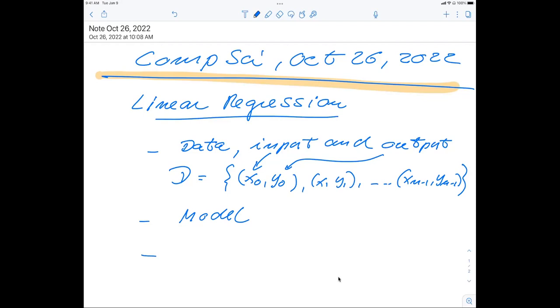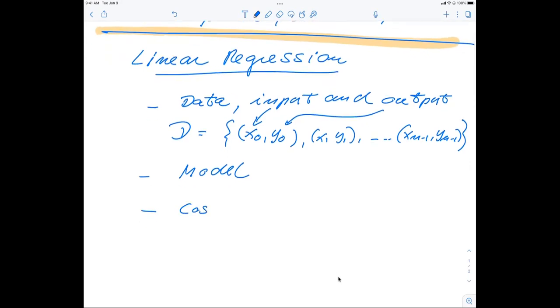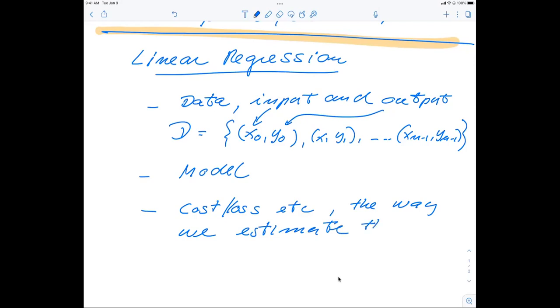Then we have the so-called cost or loss function, risk function, etc. This is the way we estimate the quality of the model. I'm going to put this quality in quotation marks because I haven't specified what I mean with that. So these are the basic 3 ingredients.